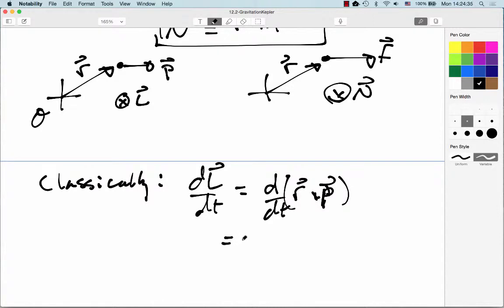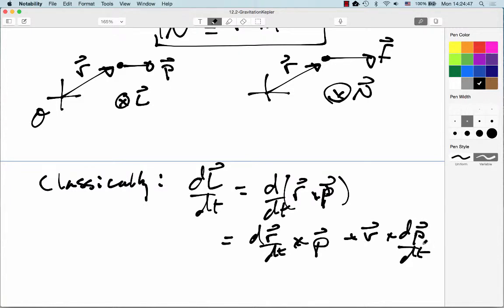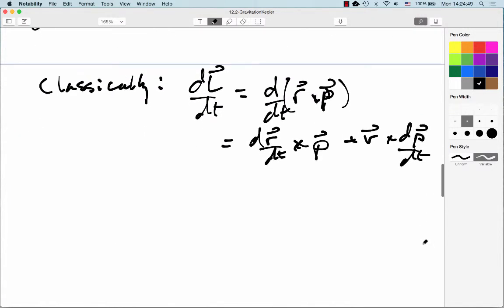So you go ahead and do the product rule. This will be dr/dt crossed with p plus r cross dp/dt. Well, this gives me v cross p here, and this one gives me r cross F there.